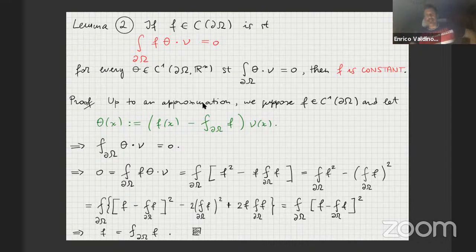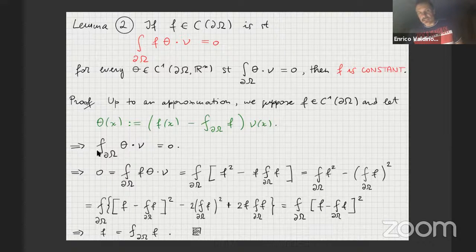So in this case, let me do an explicit construction. I choose the vector field theta obtained in this way. I take f minus its average in the exterior normal direction. Okay, this is a vector field, and interestingly, its average is 0.